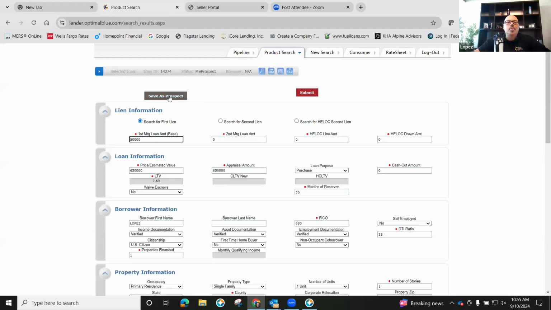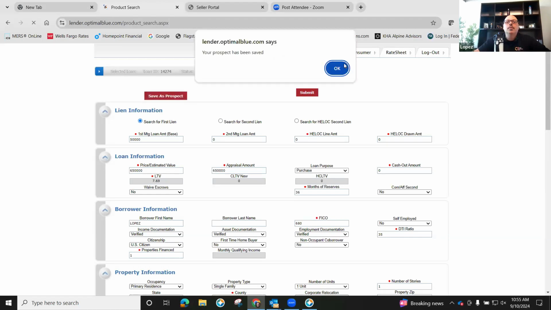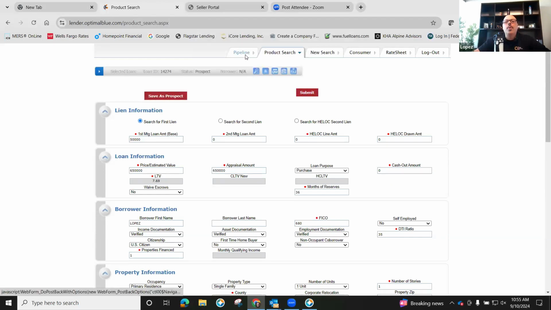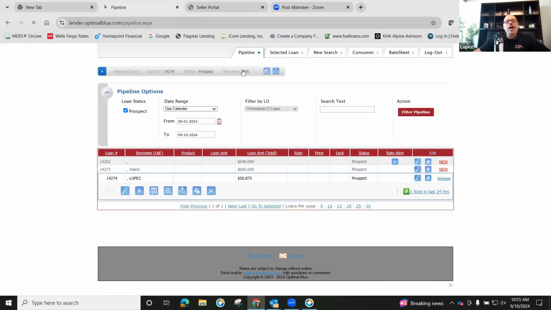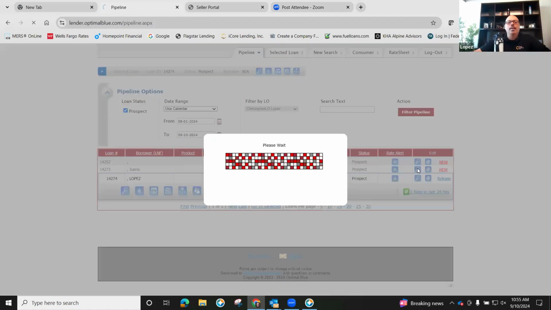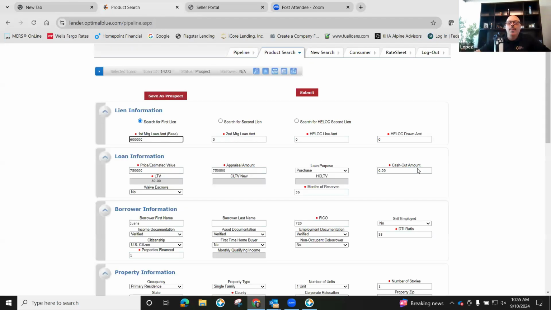I can say this is a prospect. Okay. So now when I go into my pipeline in the future, if I wanted to pull up Juana or Lopez, I just go in here and click on search and it'll automatically reload whatever their information was.